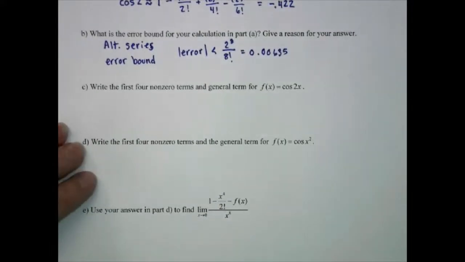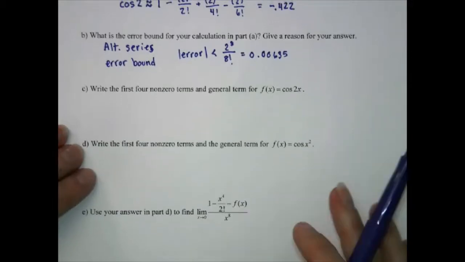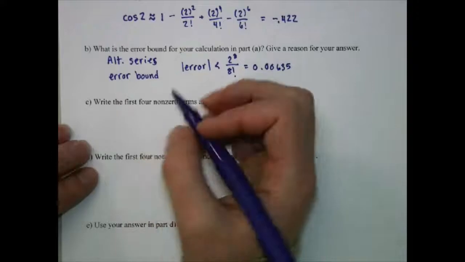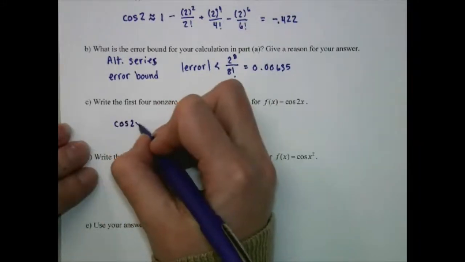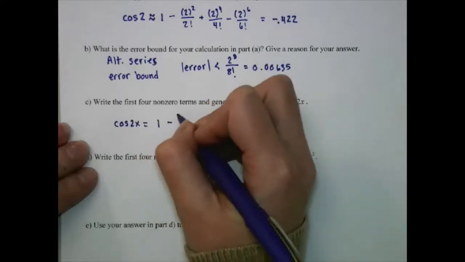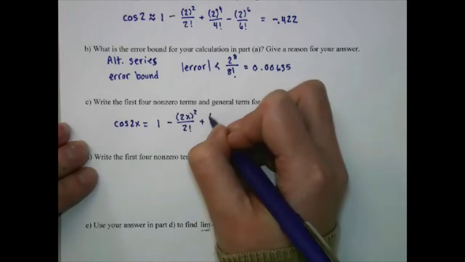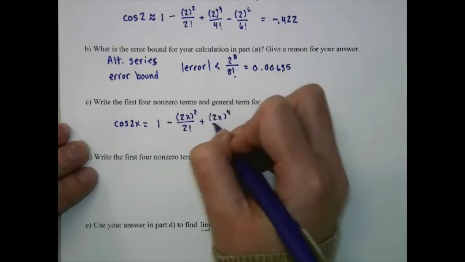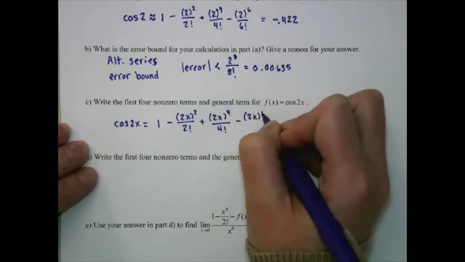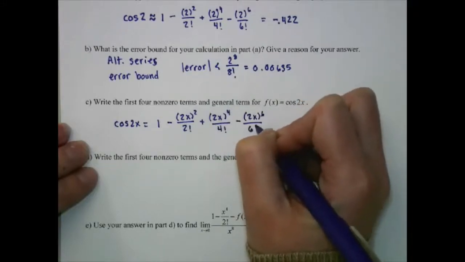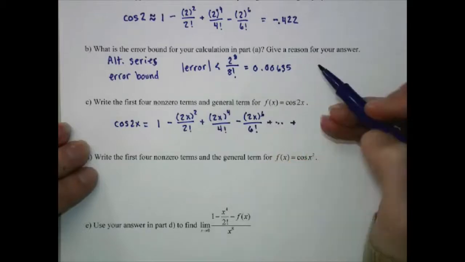Okay, so we're going to write the first 4 non-zero terms of cosine 2x. So we're going to plug 2x in for x. So this is going to be 1 minus 2x squared over 2 factorial plus 2x to the 4th over 4 factorial minus 2x to the 6th over 6 factorial, our general term.